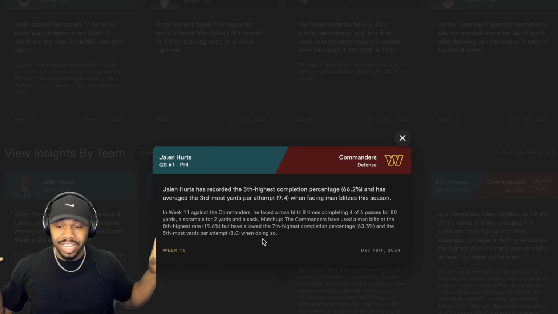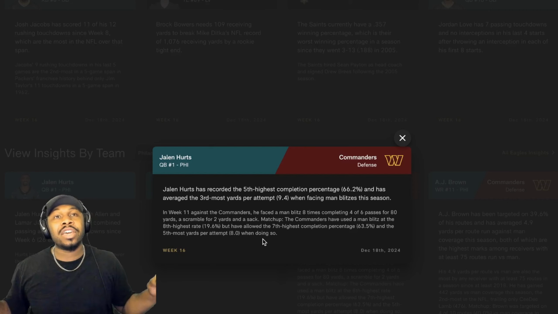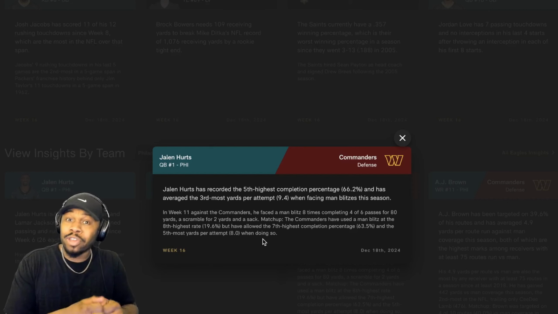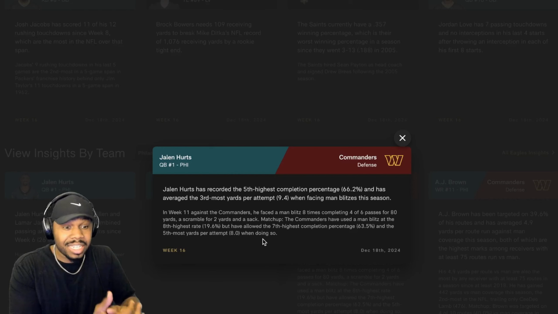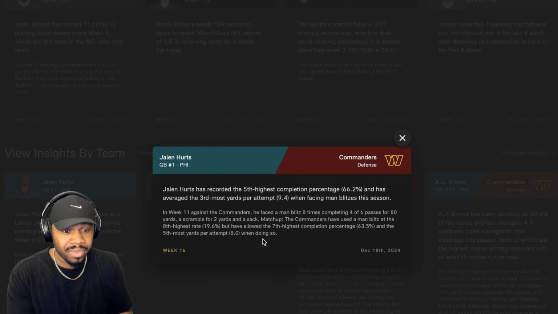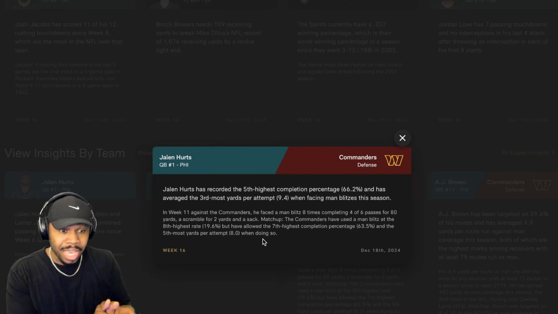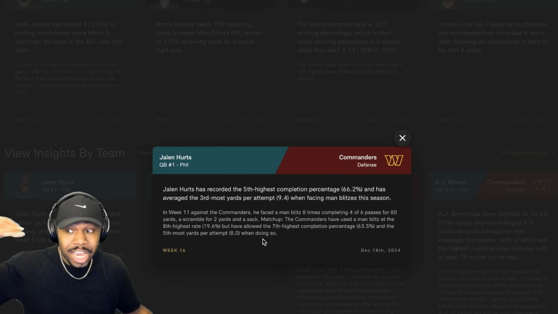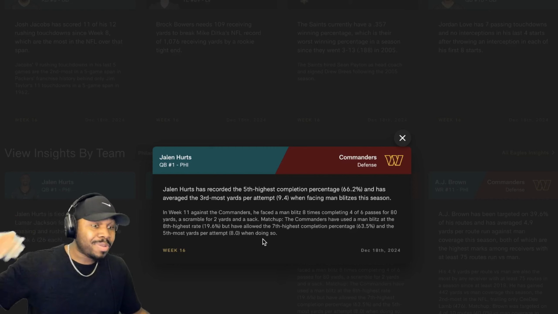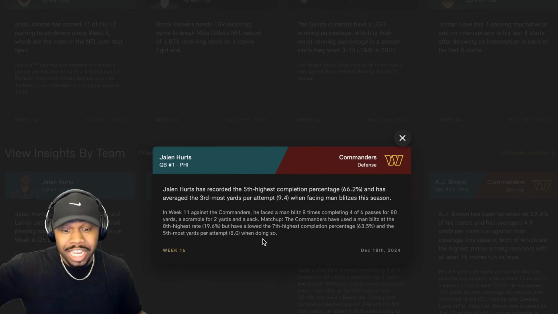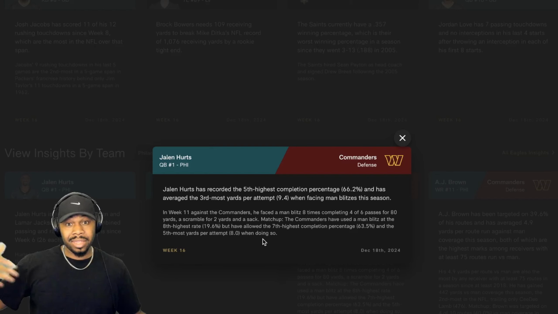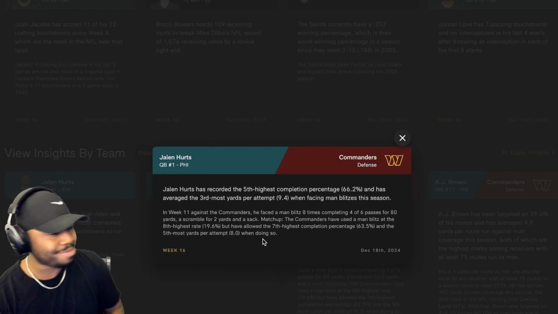Because it's one of those things where you either don't let up, or you just stick to your guns. And we're going to find out. If they stick to this man blitz on Hurts, bruh, his completion percentage might go up even more. He might complete over 70% of his passes that game. And his yards per attempt might go up even more, man. We gonna see, bro. We gonna see.